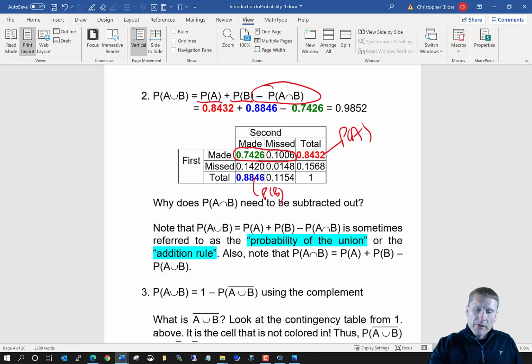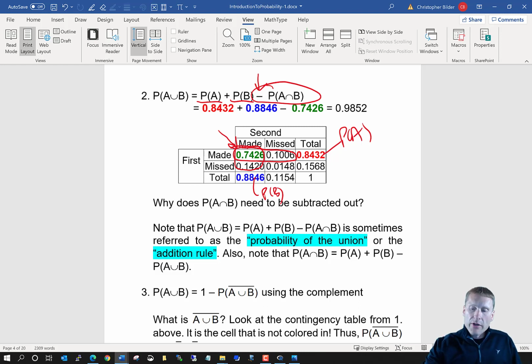To get the probability of B, we need to add these two probabilities together. And look what happens. We've actually added in the probability of A intersect B twice. So because of that, we need to subtract it out once. And so that's how we find this probability of A union B.